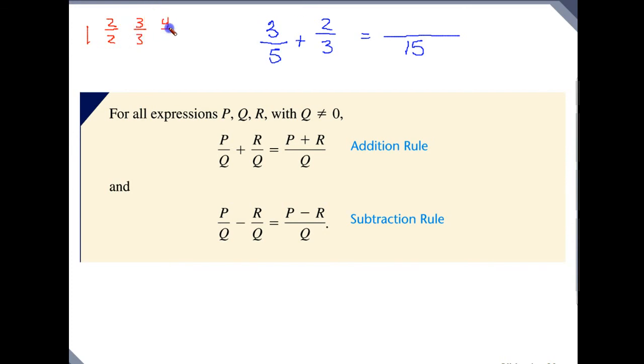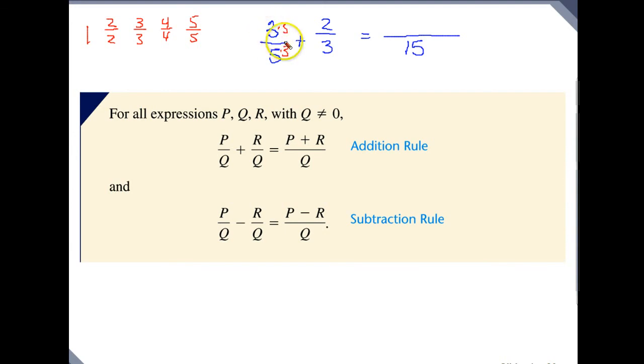We have 4/4, 5/5. These are all forms of 1. Now, what will I multiply this 5 by to make it a 15? Well, I'm going to multiply it by a 3. So I'm going to use the form of the 1 that is 3/3.